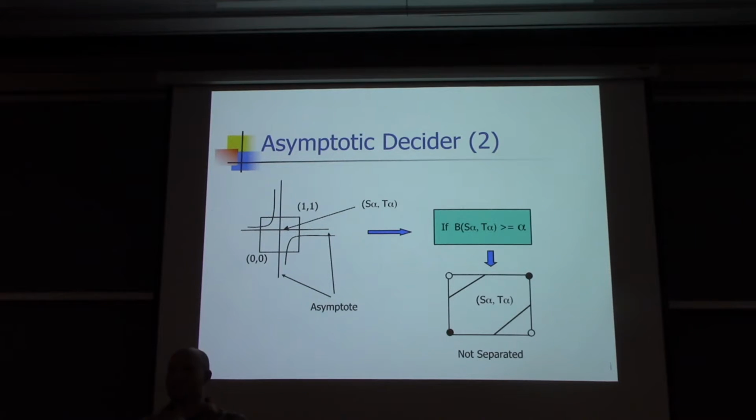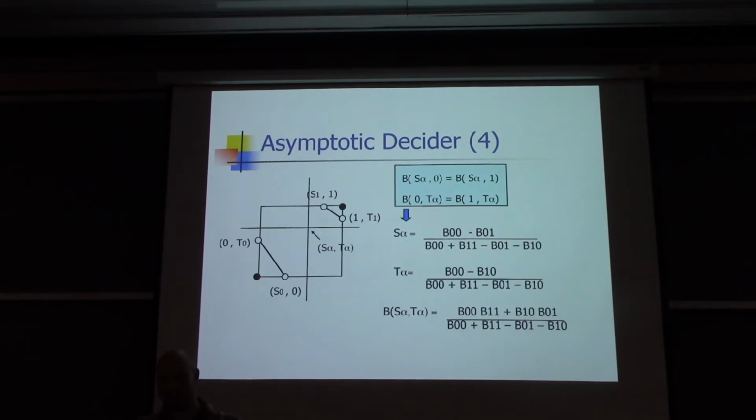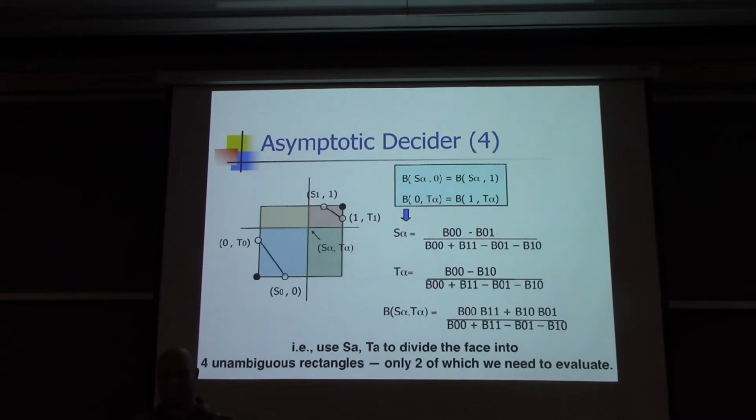This doesn't make sense until you see some examples, but the end effect is that you end up dividing your face into something that looks like this. Those crossings are the asymptotes. Then we need to look at the two components of the asymptote, the two quadrants, where there's actually a crossing.